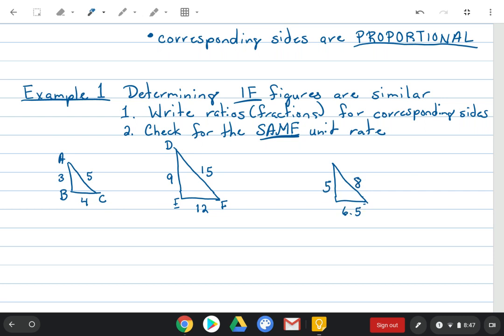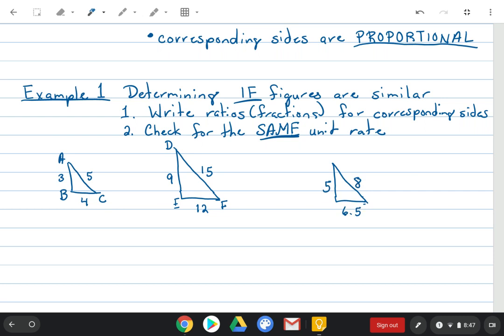Okay, so if you look at my triangles, they all kind of look the same. So when we say similar, remember it has the same shape. You can't just look at it and say, oh, I think they have the same shape. You really have to do math to figure some things out.